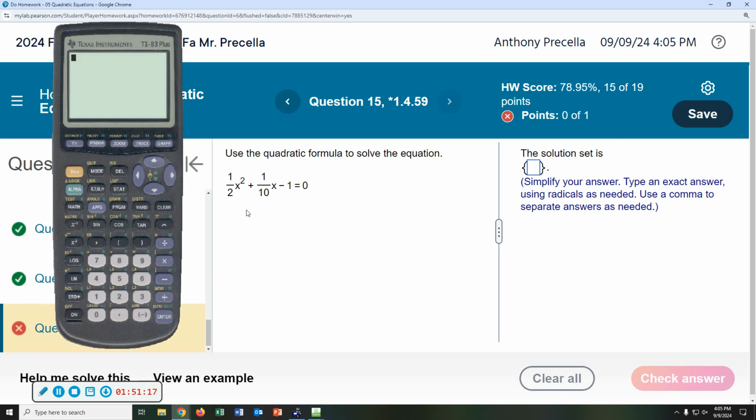What else would work? 20? Would 20 cancel both of those denominators? Yes, it would. 30? 100? Yeah. But why on earth would you use any number other than 10, the smallest one? Because then there's less reduction. Okay? Any questions on that?